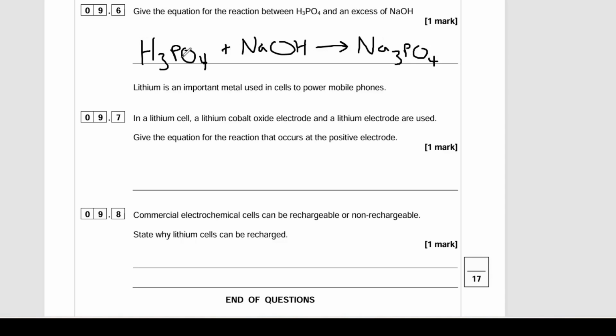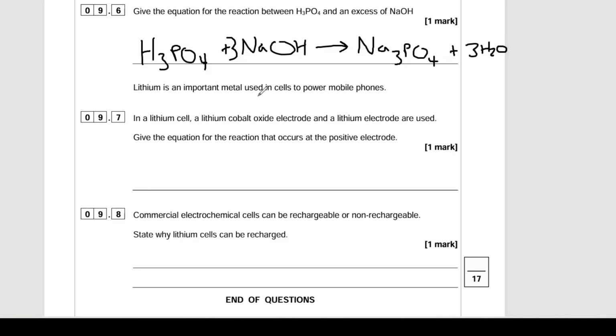So we get sodium phosphate, but then that means I need 3 sodium hydroxides. And how many waters are we going to make? 3 OH, 3 H is there. I'm going to get 3 waters. Lovely, so that was really basic. It's just your obvious neutralization reaction. You basically got acid, base, salt, and water.